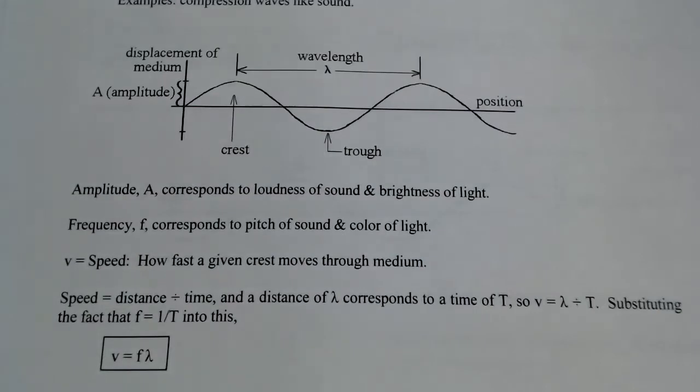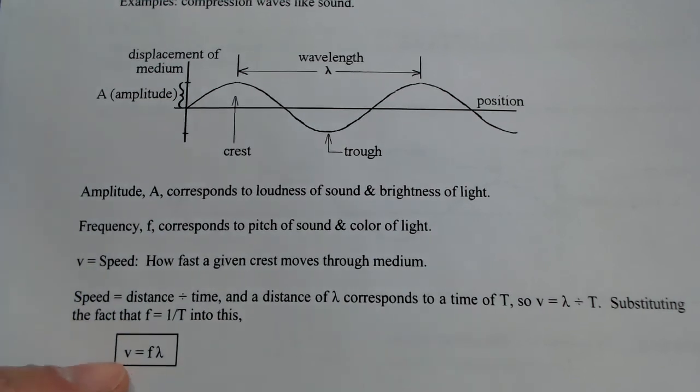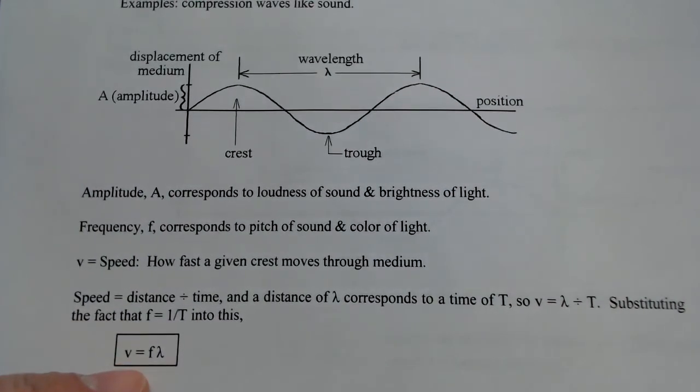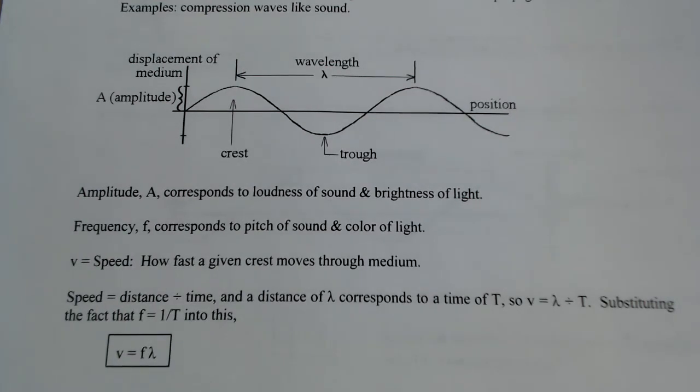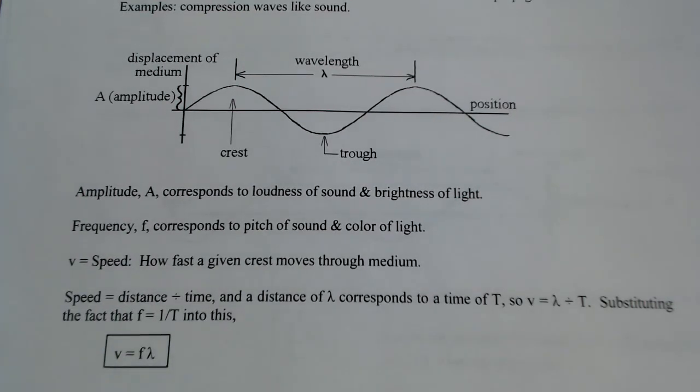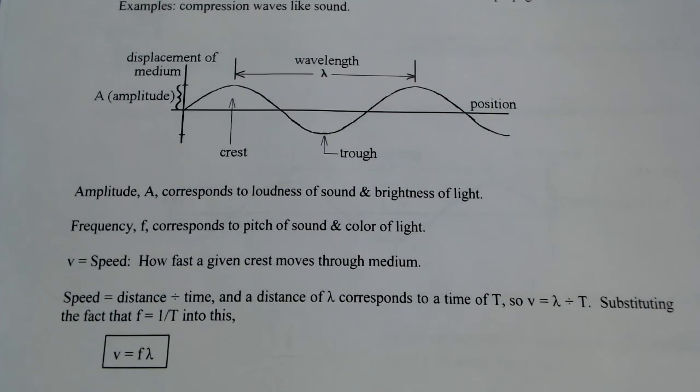Anyhow, the speed of the wave is what we're talking about right now. And there's a relationship that you'd get a lot of use out of in the little box near the bottom of the page. Where that comes from is the idea that speed equals distance divided by time, which is probably one of the first things I said at the beginning of physics 121.